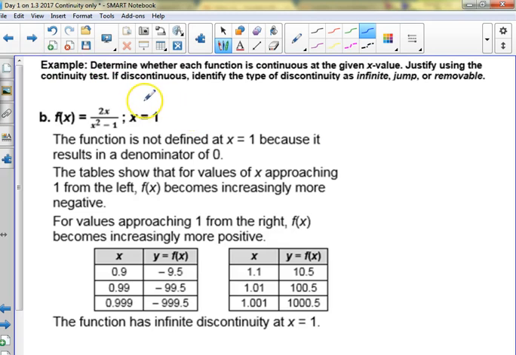Is this continuous at 1? Look at this question right here. Can you put a 1 into that function? You'd get 2 over 1 minus 1. Can't do that, right. So is this continuous at 1?